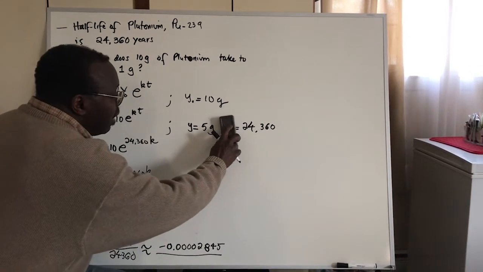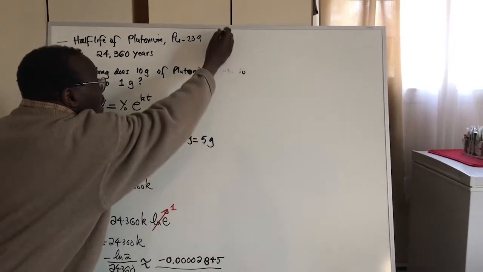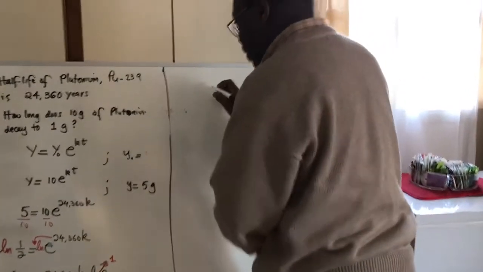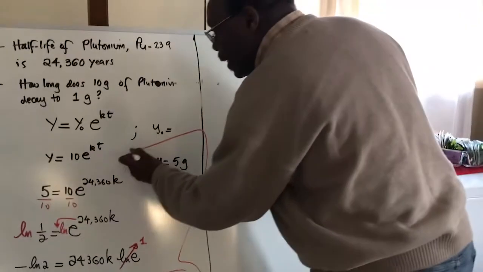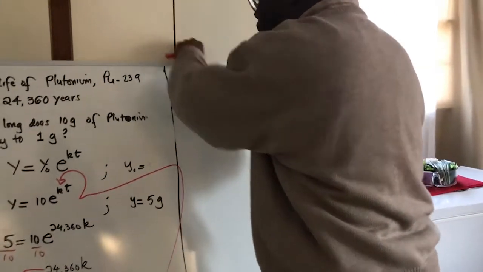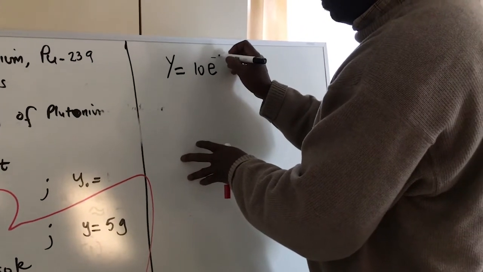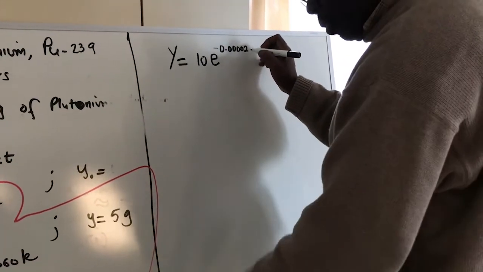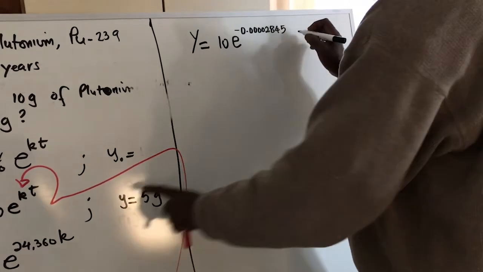On the other side, we substitute k back into that equation to get y is equal to 10 e^(-0.0002845t).